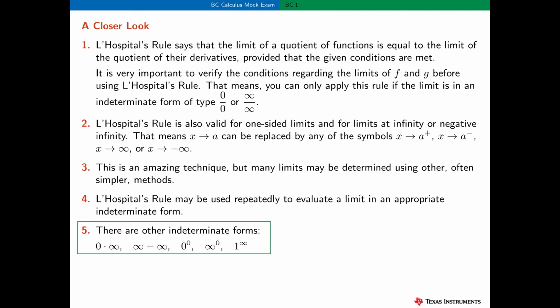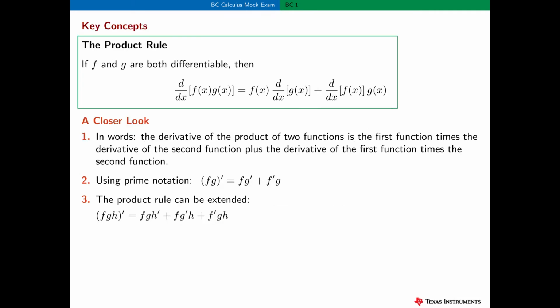We apply L'Hopital's Rule. Looking ahead, we'll also need the product rule to solve this problem. It says that if f and g are differentiable, then the derivative of f times g is f times the derivative of g plus the derivative of f times g.